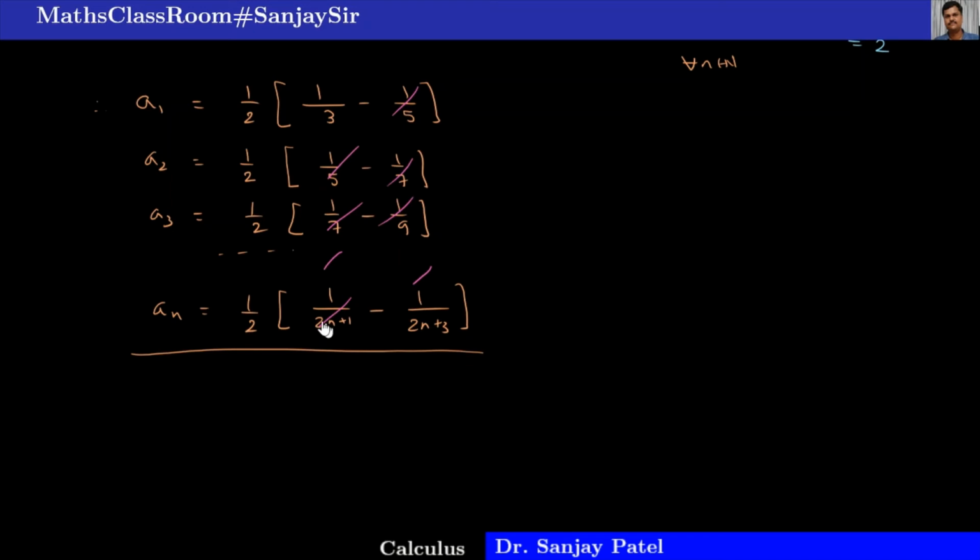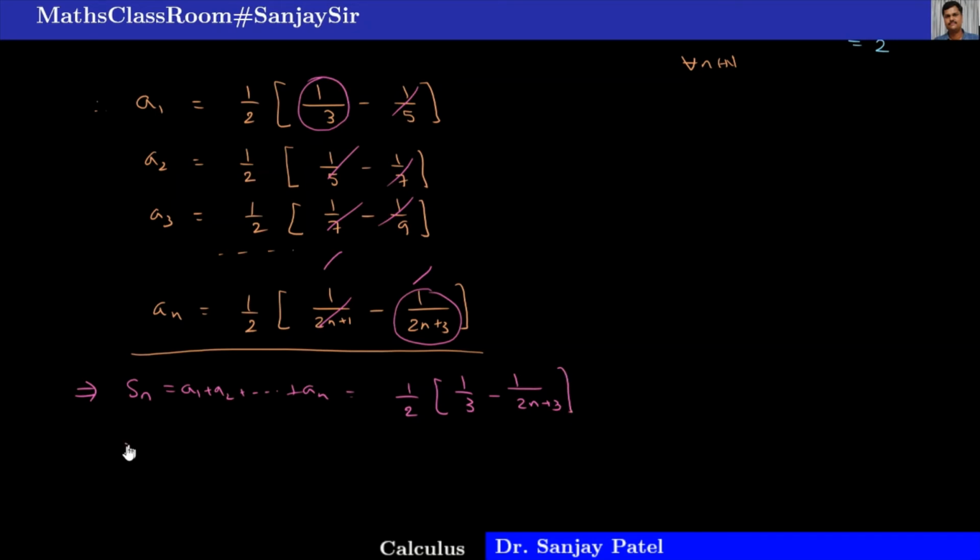So what is left is only 1 by 3 and this 1 upon 2n plus 3. Okay, so this implies Sn, that is a1 plus a2 plus a3 up to an, is 1 by 2 times 1 upon 3 minus 1 upon 2n plus 3.